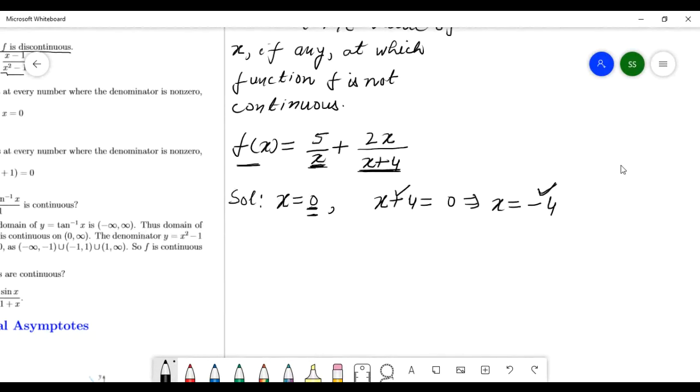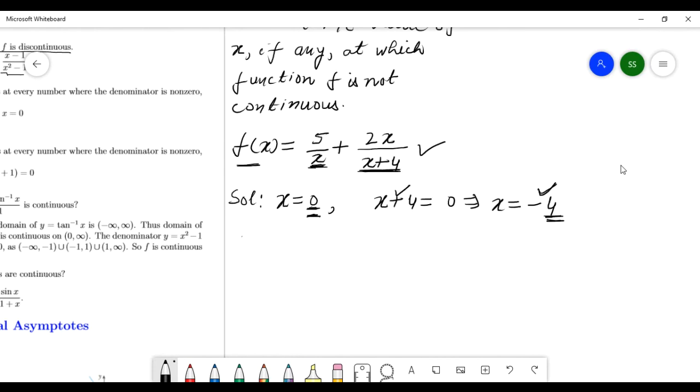Okay? So these 2 points are making problem here. So this function is not defined at this number 0 and at this number minus 4. So it means this function is discontinuous at 0 and at minus 4.